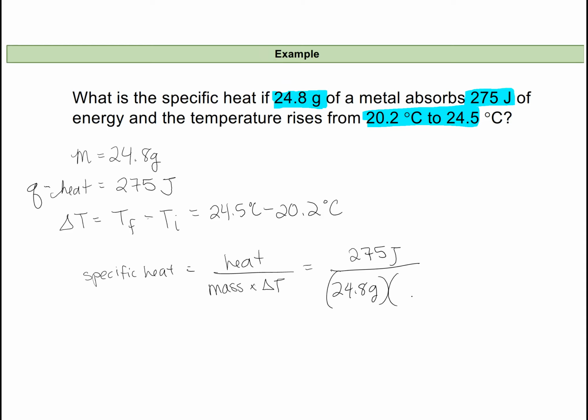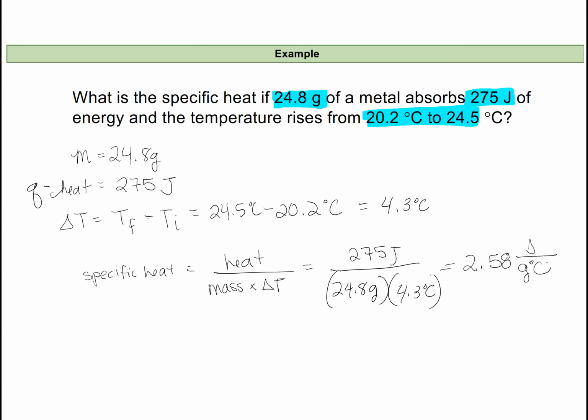And our change in temperature is going to be 4.3 degrees Celsius. And we get a value that is 2.58. And the units here are going to be joules per gram degree Celsius.